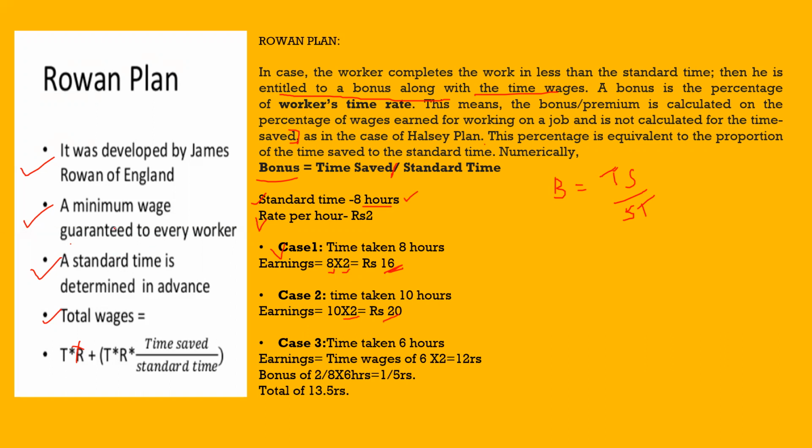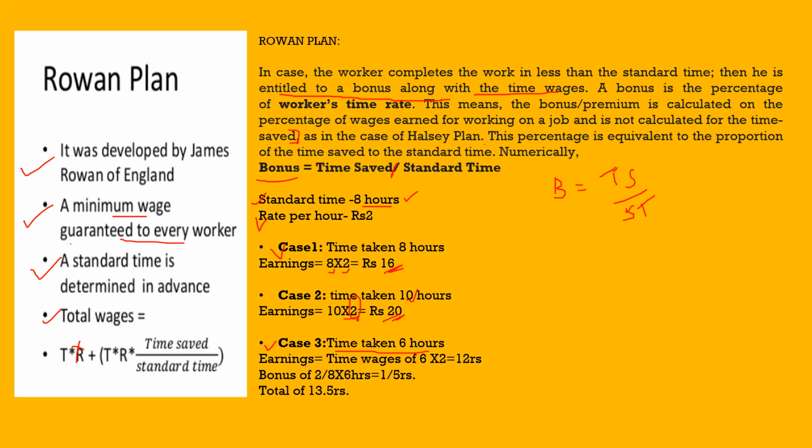Since they have told that the minimum wage is guaranteed to every worker, if you are taking 2 more hours, you will be paid the minimum wage, that is the rate per hour of 2 into 10, 20 rupees will be paid, obviously. This was the same in the Halsey plan also, right? But here in case 3, the time taken is 6 hours, which is lesser than 8 hours, right?